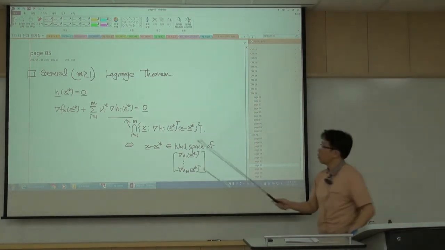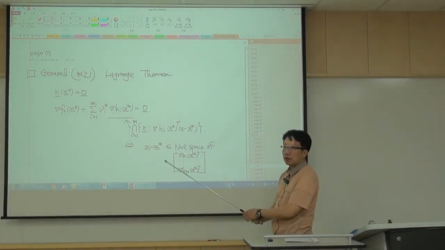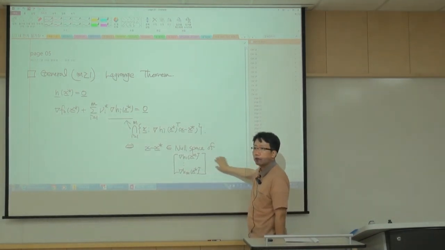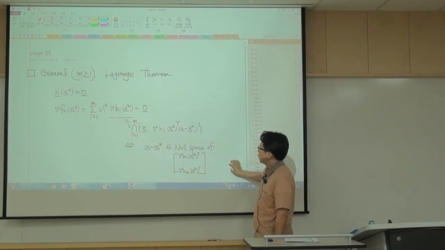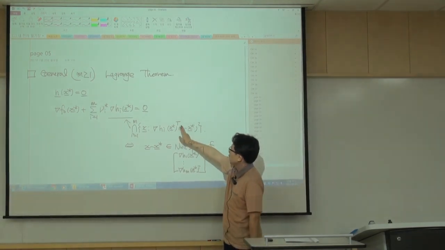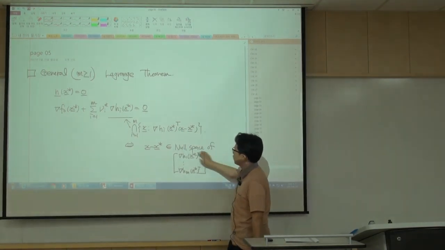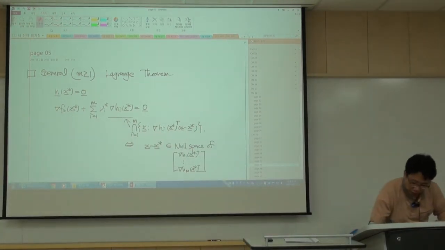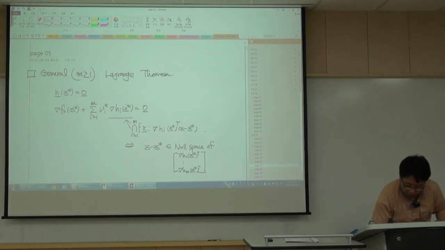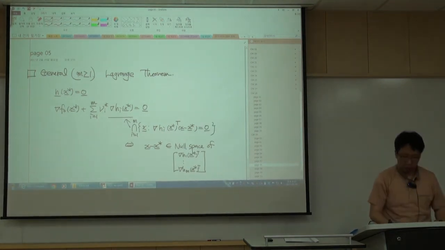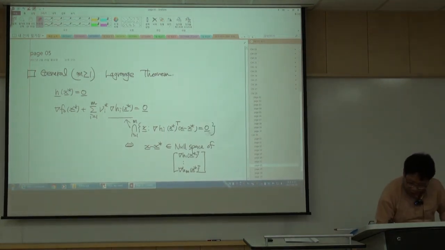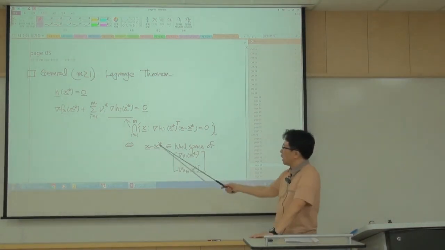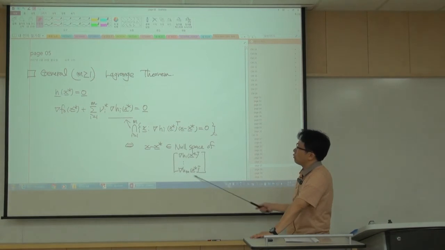So the null space of a matrix means that you multiply some vector z and you have 0. As you see here, you multiply x minus x star here, and you have 0. So x minus x star is in the null space of this one.